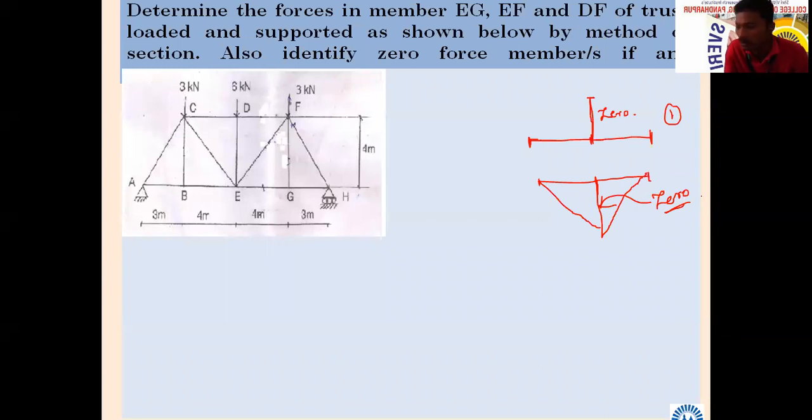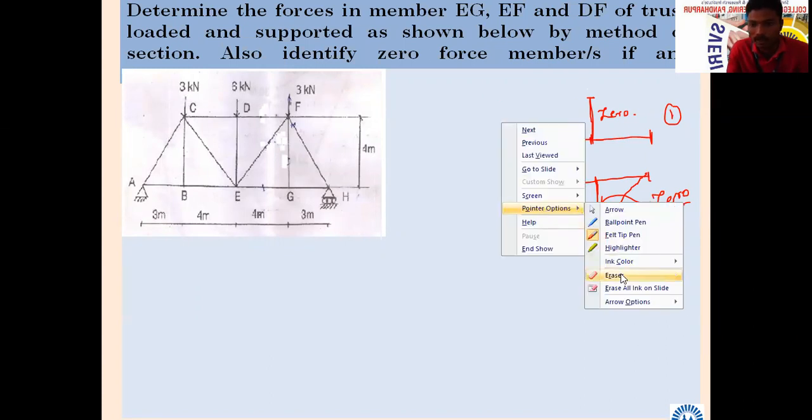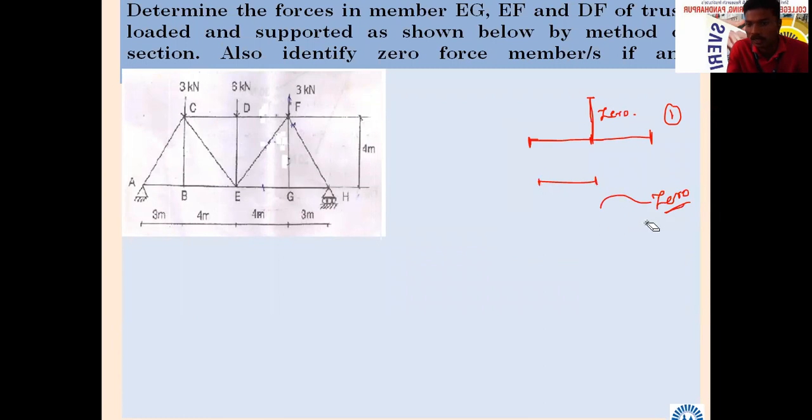It may be the case, that we will see. Provided that there should not be load at the end. If two members are collinear and the third is inclined or perpendicular, and there is no load at that joint, then it is known as a zero force member. Okay, let us see in this problem.